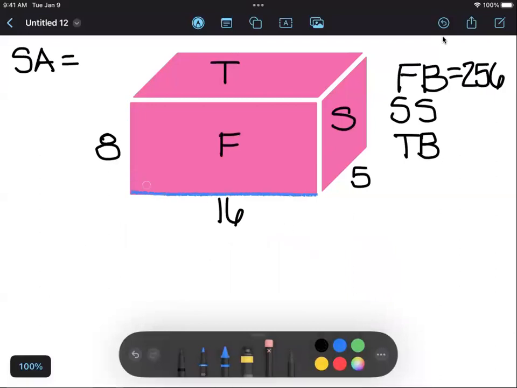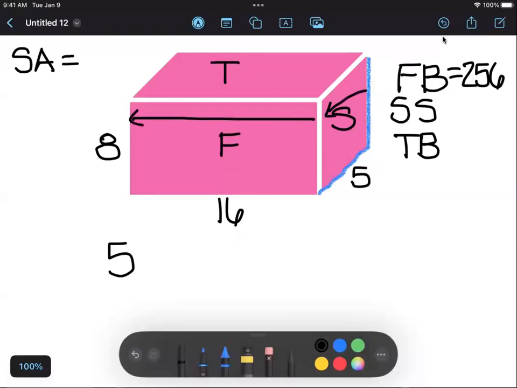Okay, now that I've done that, let's erase some of this to make some more room. And now let's look for our next one. We have a side, where we have a length times a width to find the area of that rectangle. We have a 5 down here at the bottom, but we don't have a number next to the other side. So I'm going to look for equal sides, one right here and one right here, and I find 8.